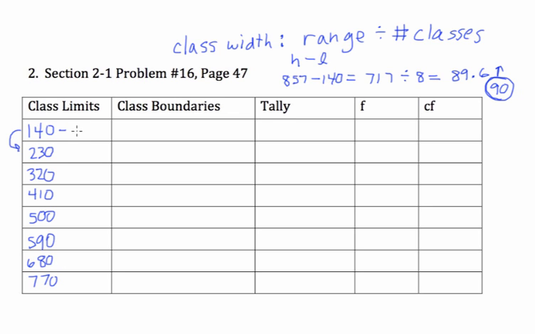Figure the upper class limit by taking one less than that number. So it must go to 229 if the next class starts at 230. Then from there, you can keep doing that method, or you can just add 90 all the way down.